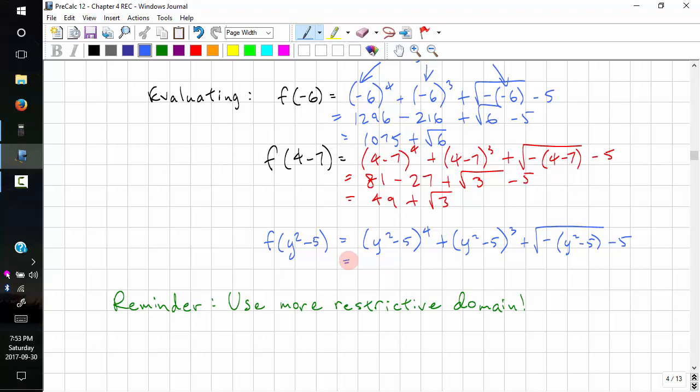There's not much to simplify here, but we should do it anyways. And we distribute this and we get 5 minus y squared minus 5.